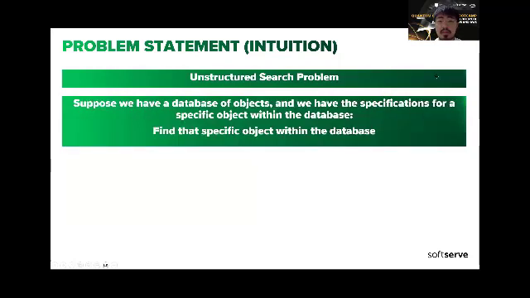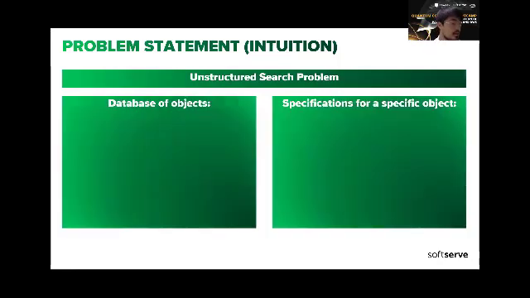Great. So for this unstructured search problem, it's pretty clear that if we have a database of n objects, the worst case complexity is O(n).